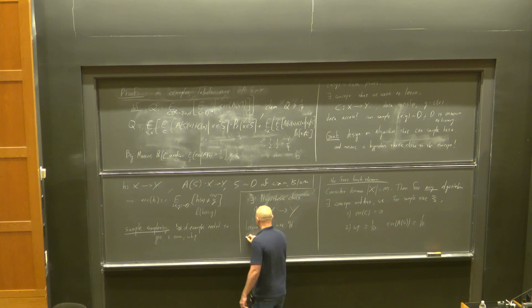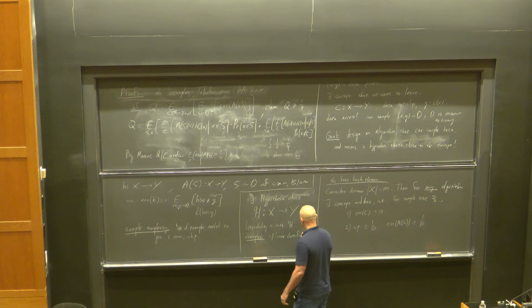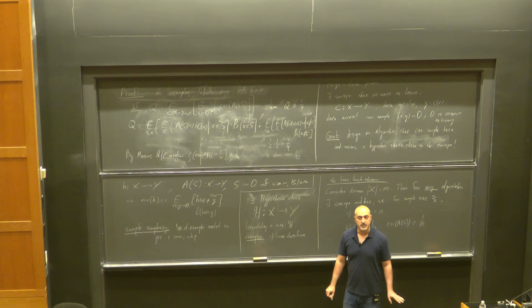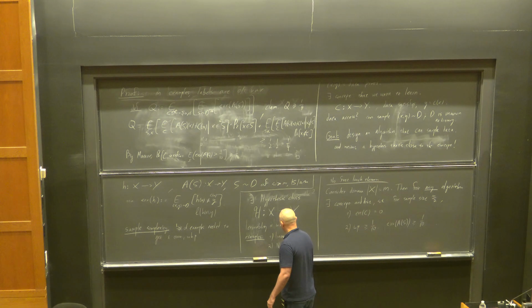examples: linear classifiers. I'm not going to write what that is because you all know what linear classifiers are. Neural nets of K variables.